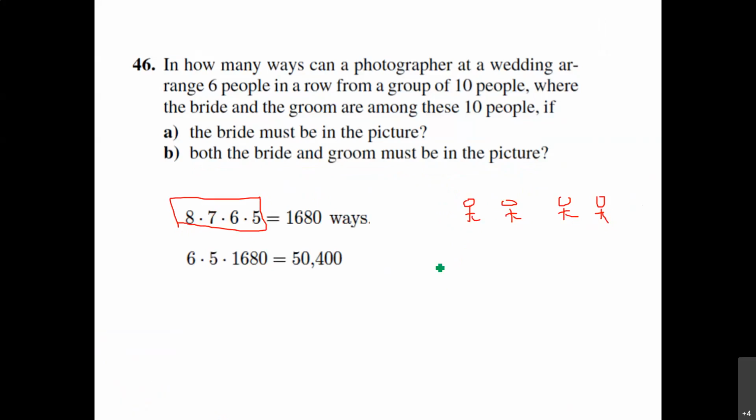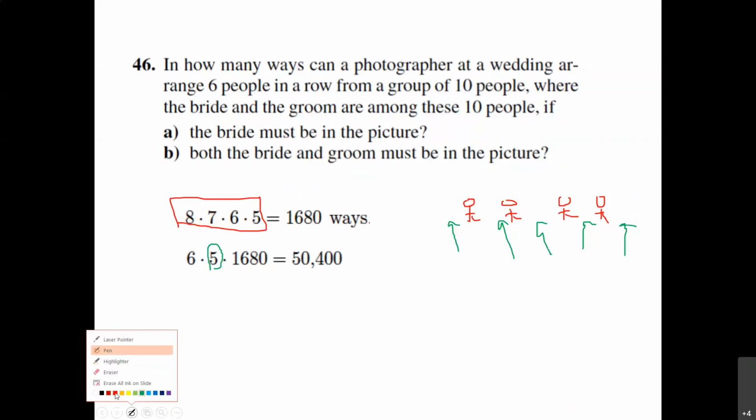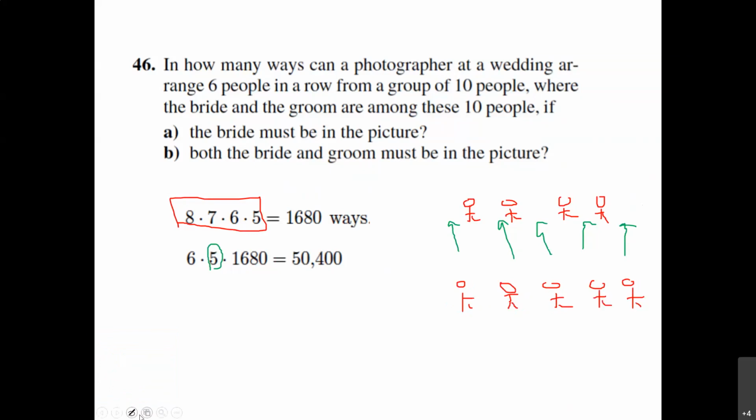First try to stick the groom somewhere, so he has 5 possibilities, which is why we first multiply it by 5. And after you chose some position for him, like let's say, for example, you put him here.